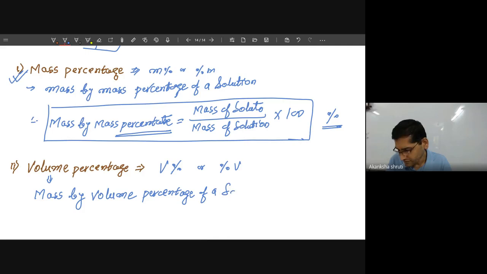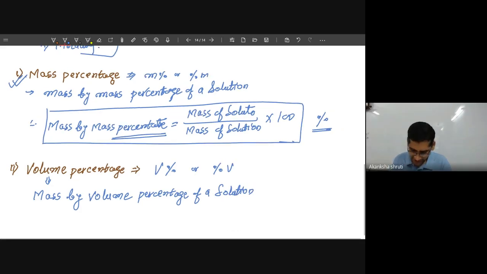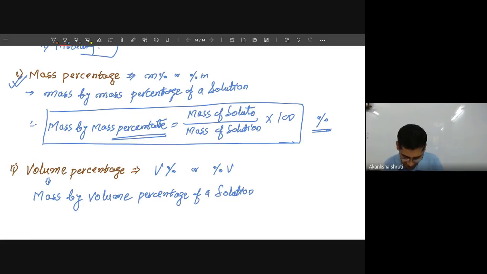Of a solution. Student, if anyone asks you for the volume percentage, or say mass by volume percentage, I am using this symbol rather than writing the entire word percentage. You can use this symbol. What will the formula be?